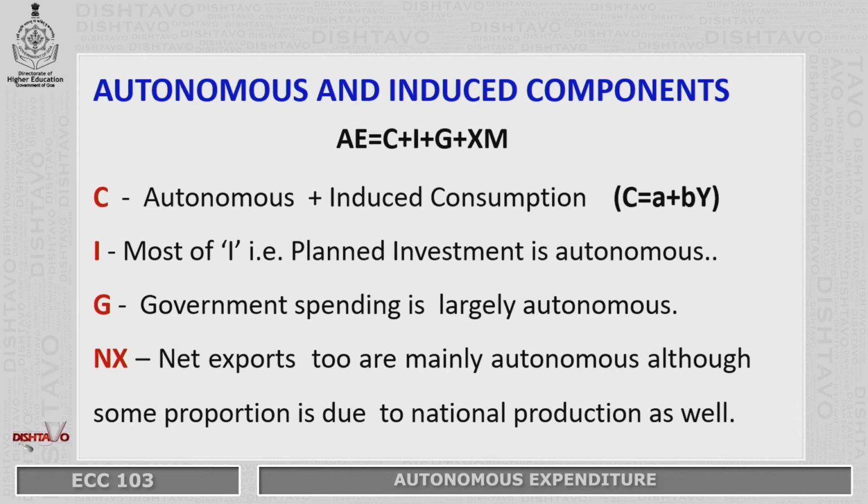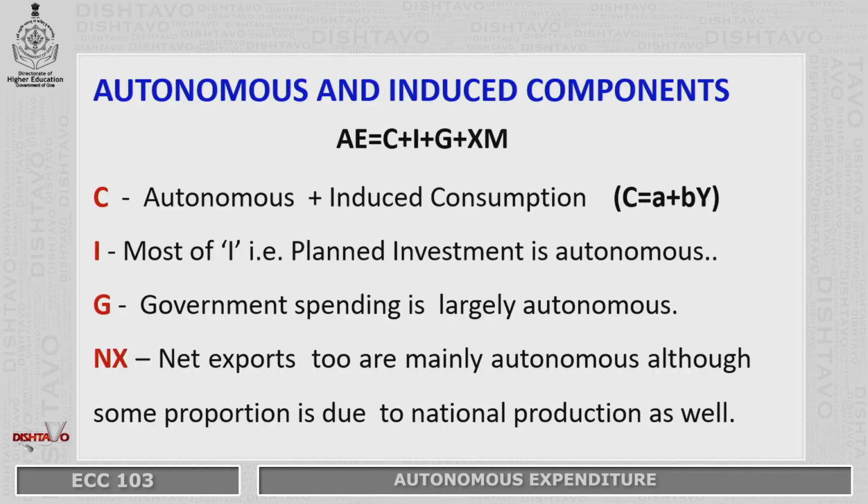C is equal to A plus BY, where A stands for autonomous consumption and BY is that part of consumption which is dependent on income. Most of I, that is planned investment, is autonomous. Government spending is considered to be largely autonomous. Net exports too are mainly autonomous, although some proportion is due to national production as well.